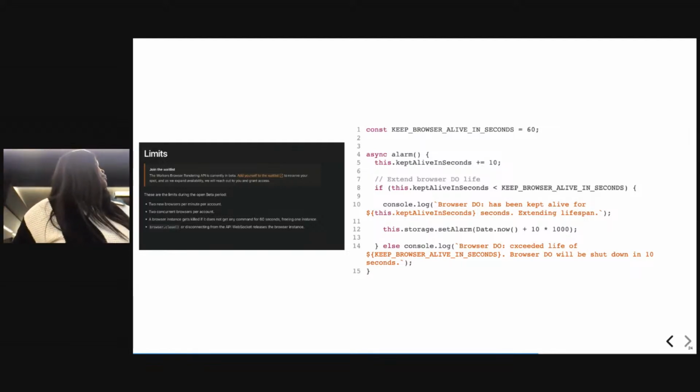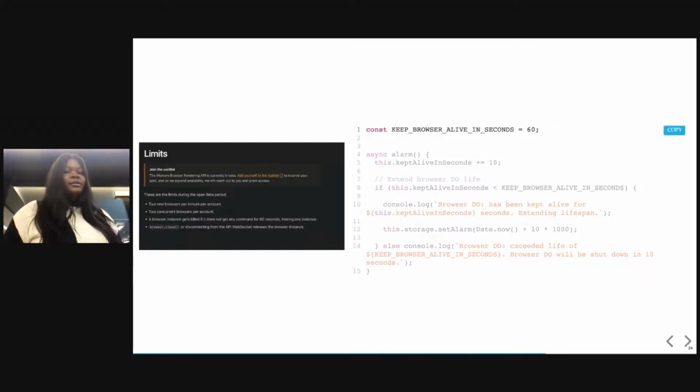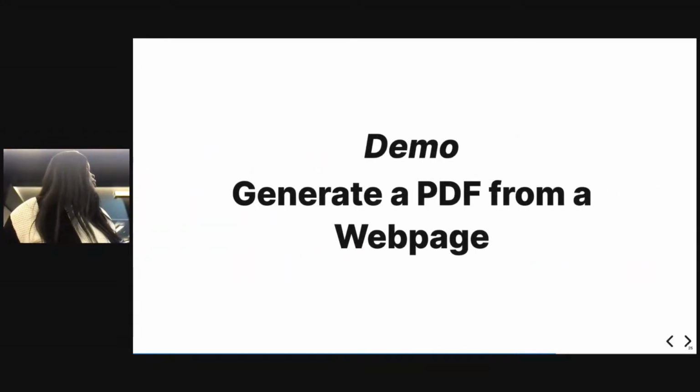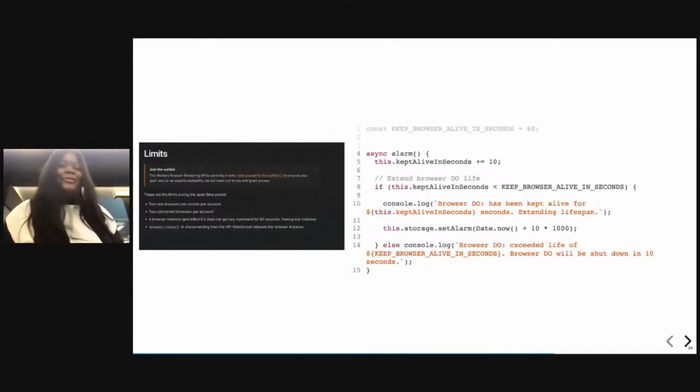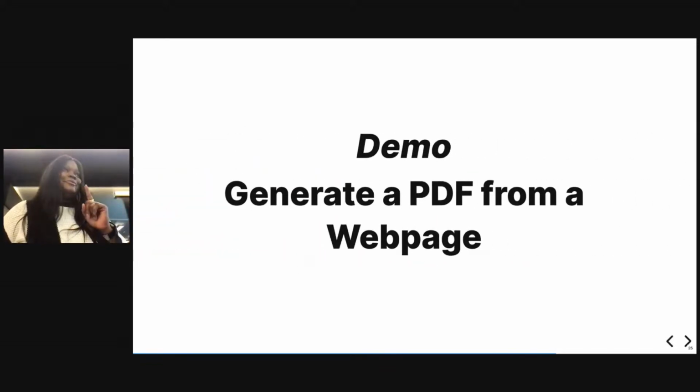So I'm trying to use durable objects to extend the time by 10 seconds. That would enable me to pass the limit by a few seconds. But in the future, we are working on extending the limit so you don't have to go through this path. For this one, I will try to do the demo, but I don't have it set up. So I'll move on to the next demo.